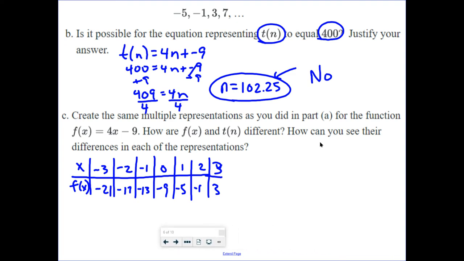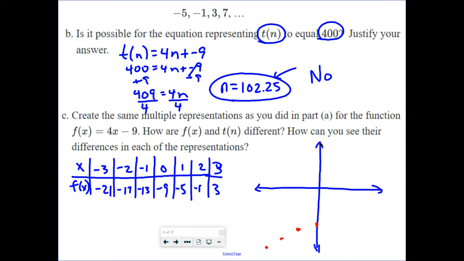The graph would need all 4 quadrants this time, okay? And again, since this is a sketch, we're going very quickly. -3 would be -21, which would be like way down there. -2 would be -17, which would be maybe here. -1 would be -13, which maybe would be here.